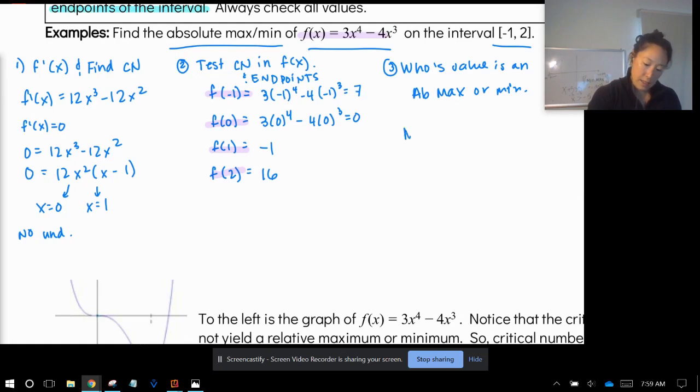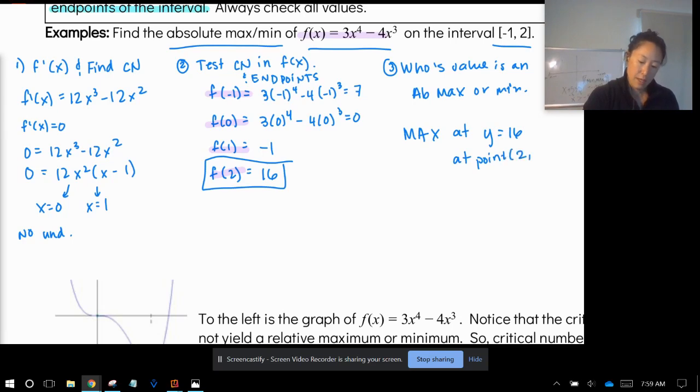So our max value is f of 2. So I have a max value at y is equal to 16, and it's at the point, sometimes they ask for it at the point 2 comma 16, and the min is at the value y is equal to, and I just look at these.